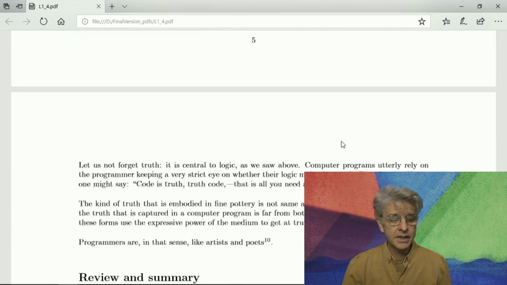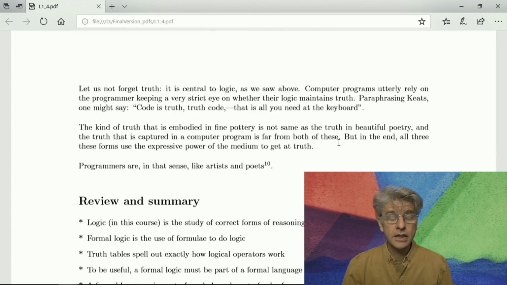So there's a similarity. And truth is a very big part of it. Truth is central to logic, as we saw above, and computer programs depend utterly on the computer programmer keeping a very strict eye on whether their logic maintains truth. So paraphrasing Keats, we might say, code is truth, truth code. That is all you need at the keyboard.